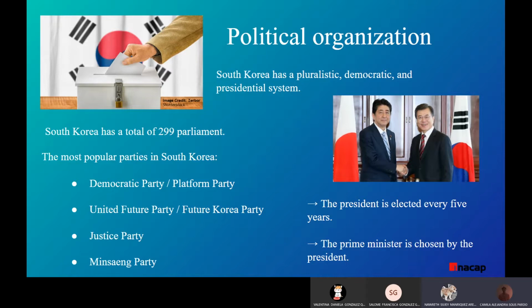Korea has a total of 299 parliamentarians. The most popular parties are the Democratic Party, United Future Party, Justice Party, and Minsan Party.